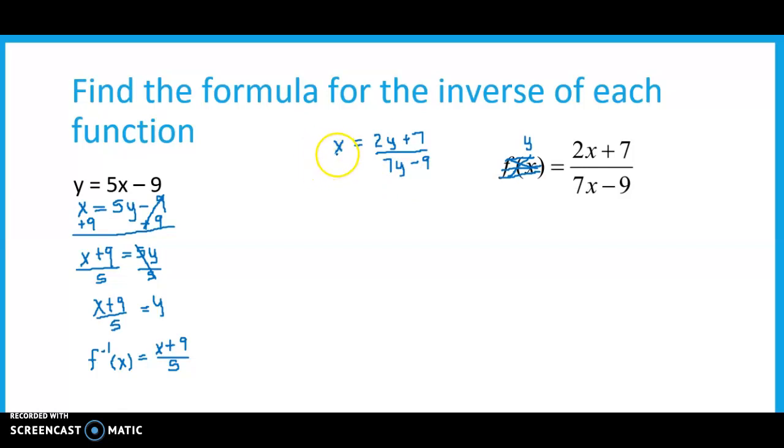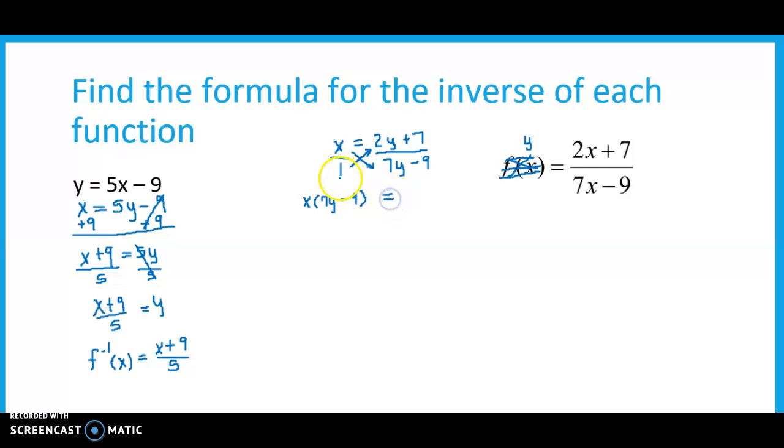My second step is to get this in the format y equals, but when I look at this equation, it's rather complex. I do have a fraction here, and so when I have a fraction, I prefer to make both sides into fractions and use the cross product. So I'll multiply on the two diagonals. From the top to the bottom, moving left to right, I have x, parenthesis, 7y minus 9.